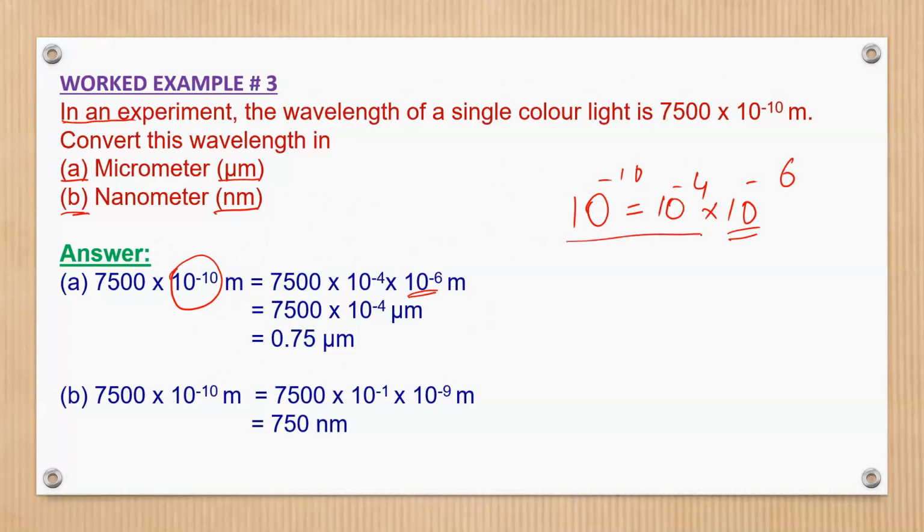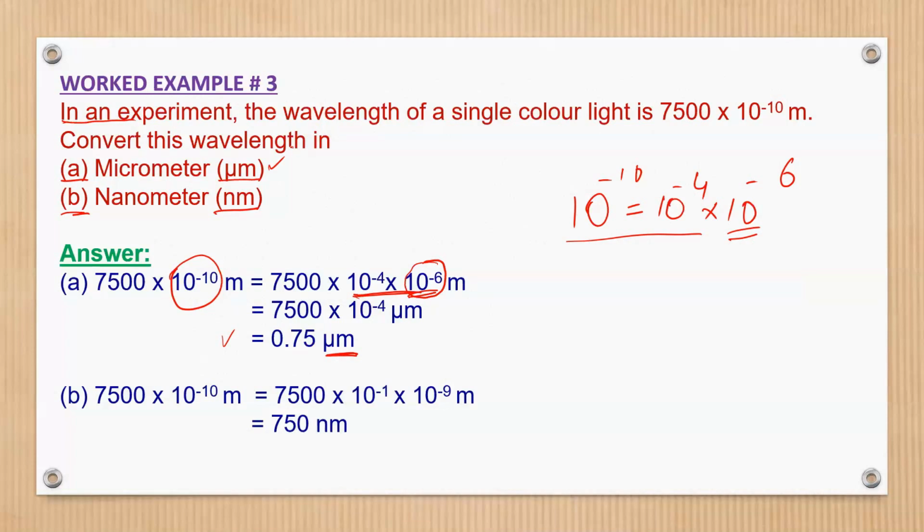So that breakup I can write over here, and then simply I can change this factor into micrometer. Why? 10 to the power minus 6 is a micrometer. So that's the very simple technique to convert. So that number can be simplified further to 0.75 micrometers. So we have done this one into micrometers.